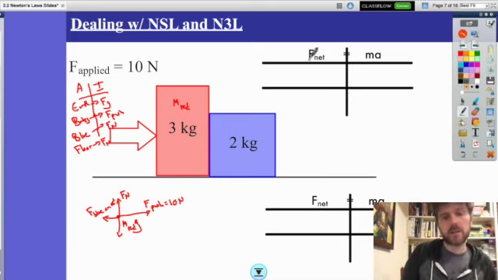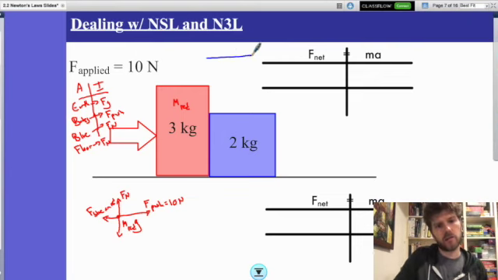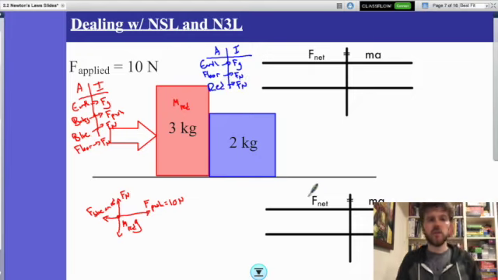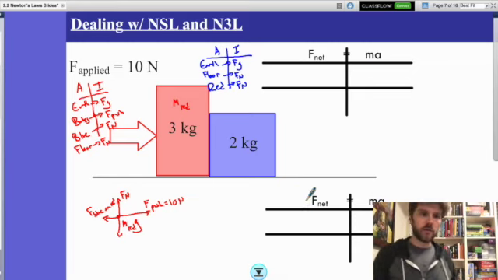For the blue box, I've got, again, if I'm making my table carefully, I've got Earth providing gravity, the floor providing a normal force, and the red box also providing a normal force. Notice I, Mr. Bates, am not in the AIDA table for the blue box because, of course, I'm not touching the blue box.